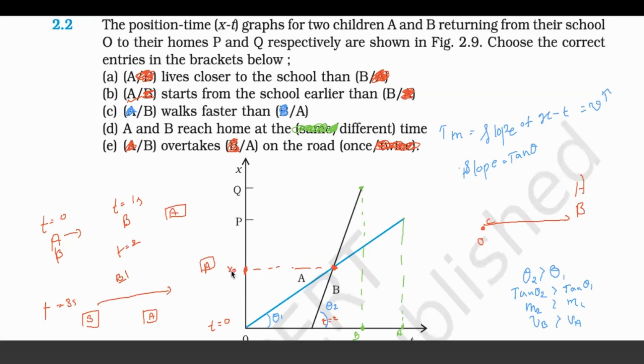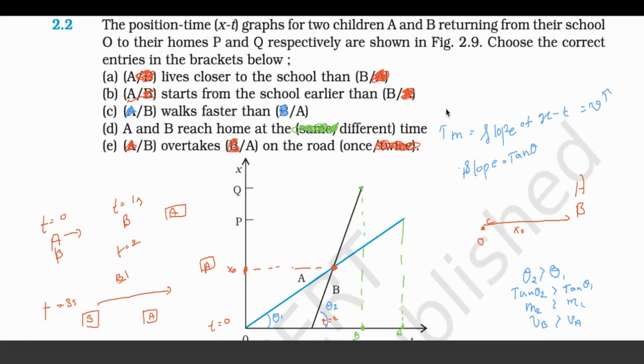Overtaking. Is this clear? The distance of the place where these two are present from their school will be the same. So hence we take the intersection point. So B overtakes A on the road how many times? Only once. Is this clear?